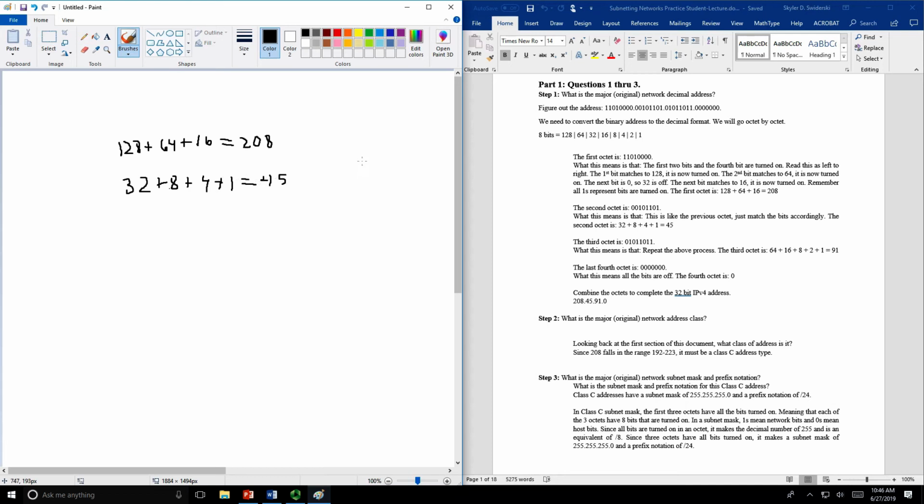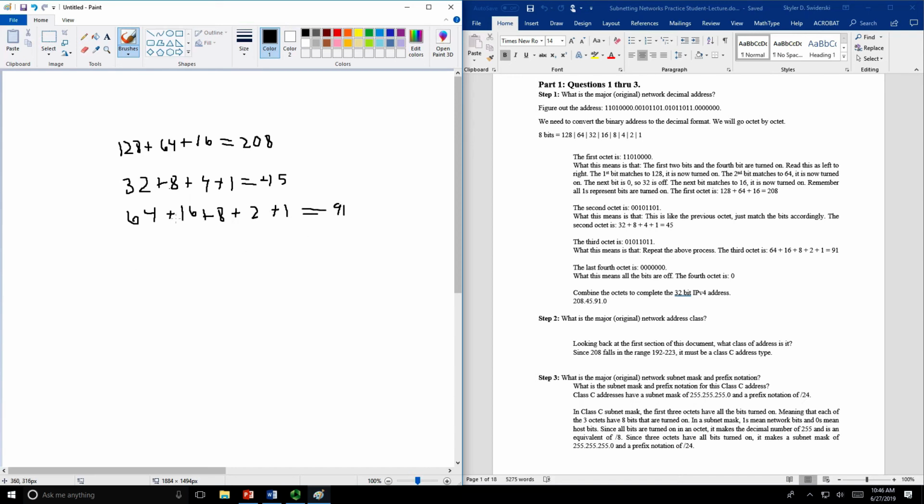The next octet has 64 turned on, 16 turned on, 8 turned on, 2 turned on, and 1. We add these together again, and that gives us 91.